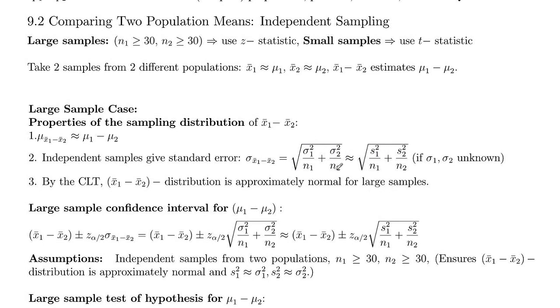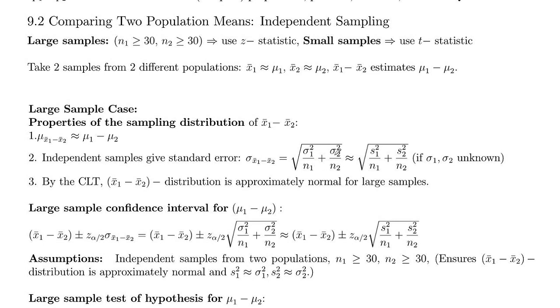Now notice this is kind of an average here. The square root is going to actually undo the squares. If you took the square root of the first term, you'd get sigma 1 over root n1. If you took the square root of the second term, you'd get sigma 2 over root n2.